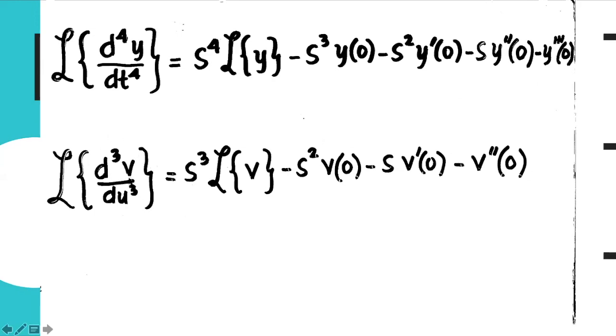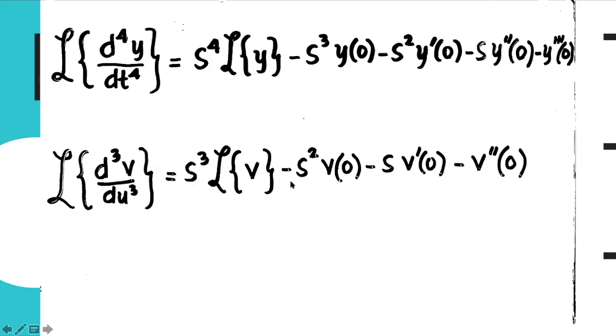Get the Laplace of the third derivative of v with respect to u. So, it's equal to, unang term is s cubed times Laplace of v minus, nag-decrease, diba? So, s squared times v of 0 minus s. Ayan, nabawasan ulit yung s mo, yung power niya. So, s times v prime of 0 and minus v double prime of 0.